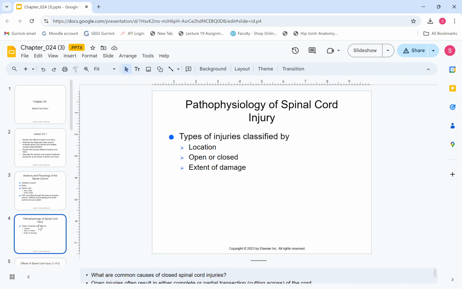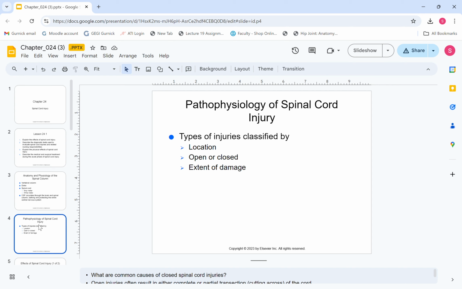Okay, pathophysiology of spinal cord injuries. We classify them on the type and where the location is. So we can classify them according to which vertebra or nerve the injury has happened at.